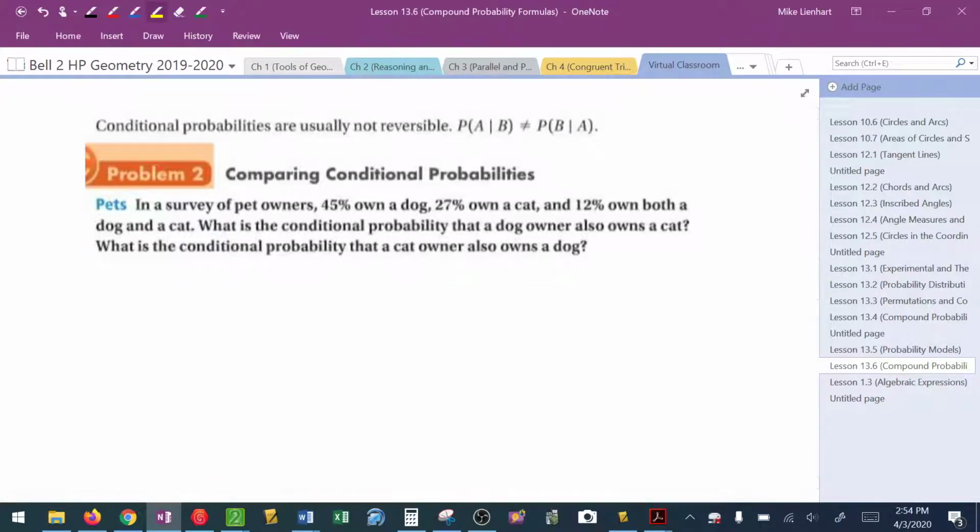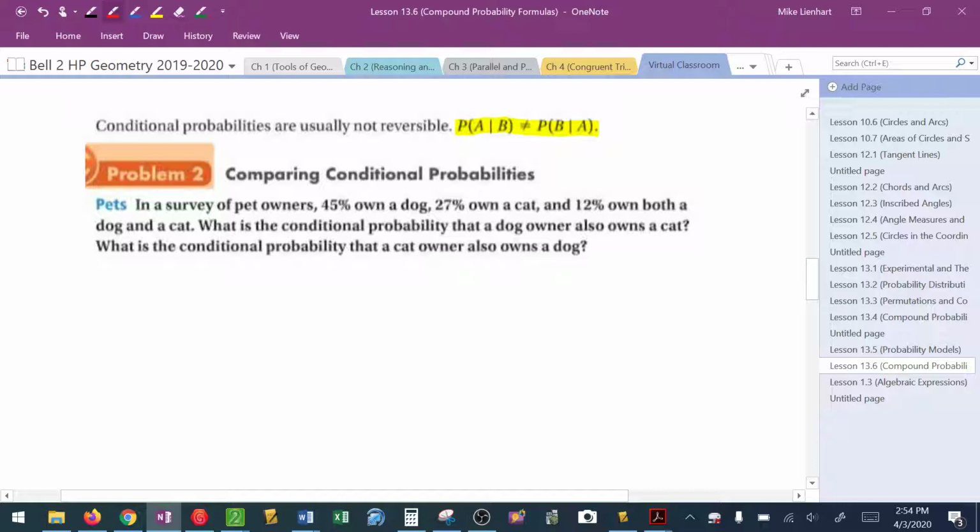The next statement says that conditional probabilities are usually not reversible. That means most of the time, the probability of A given B will not be the same as the probability of B given A. So let's compare these conditional probabilities and see if they are the same or not.